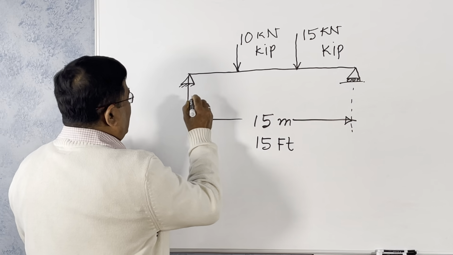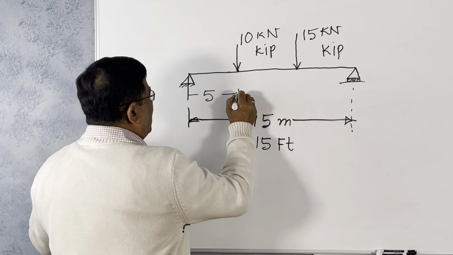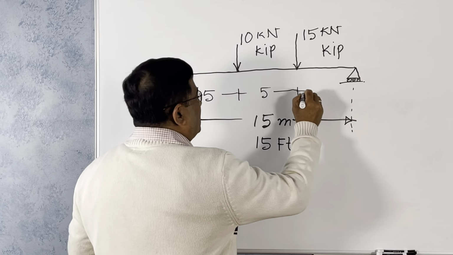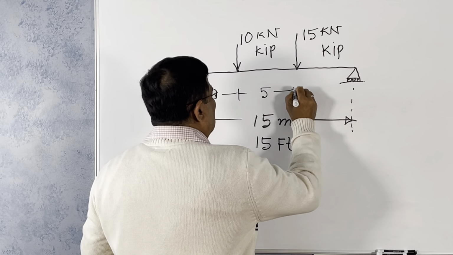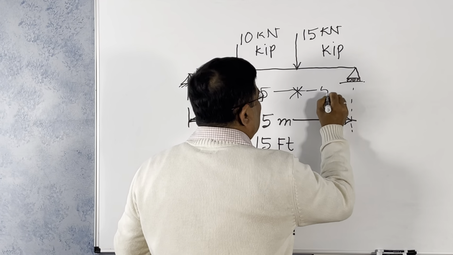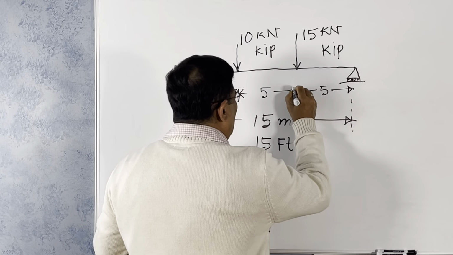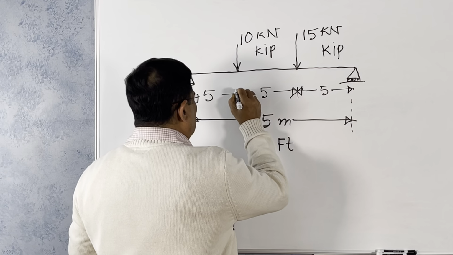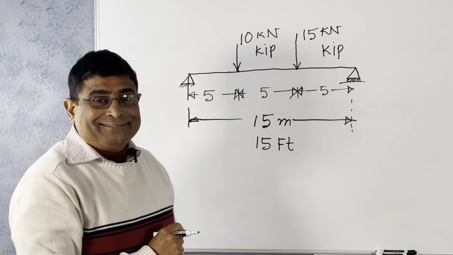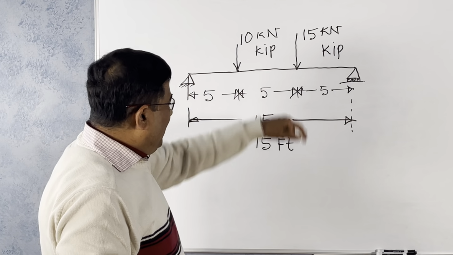From here to here it is 5, from here to here it is 5, and from here to here it is 5. 5 meters or 5 feet, it doesn't matter. The unit doesn't matter, the value matters. So now I have 5, 5, 5.